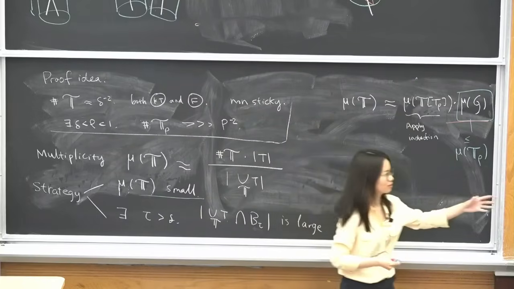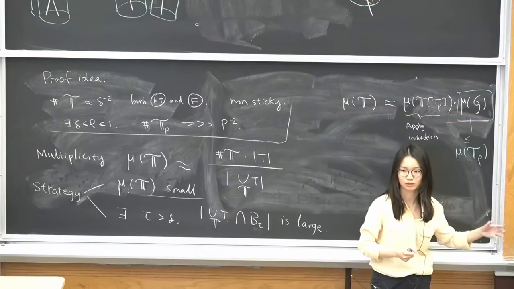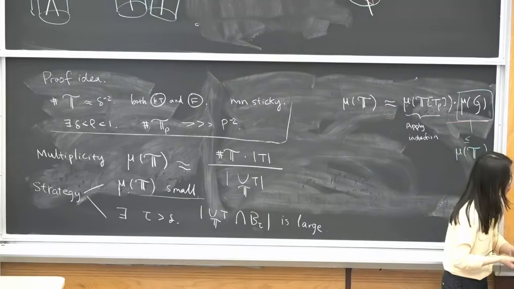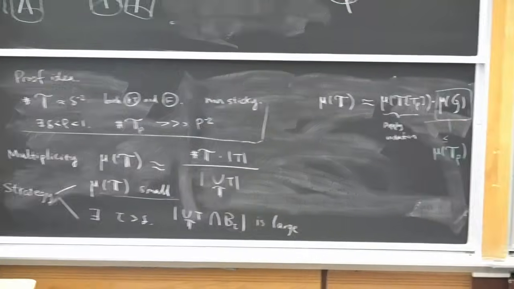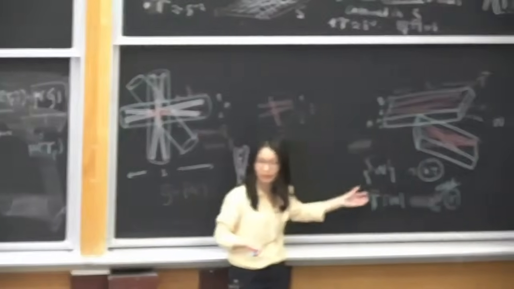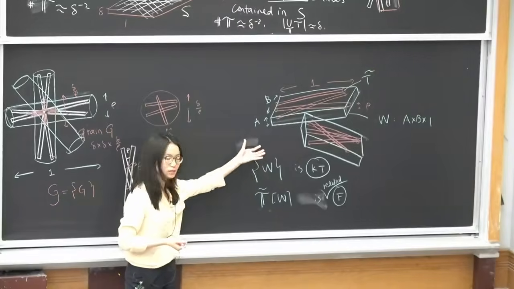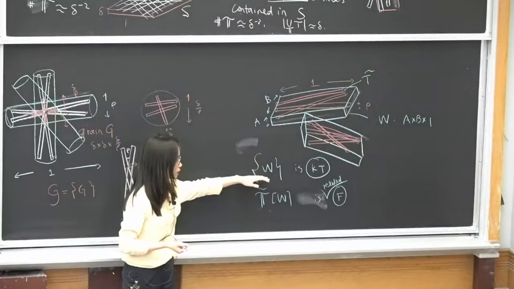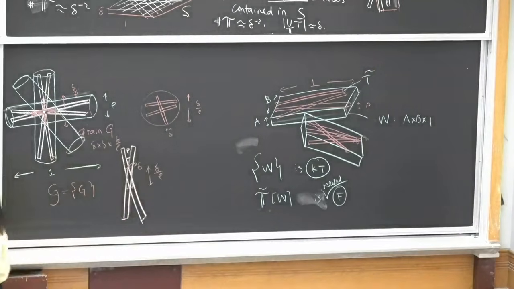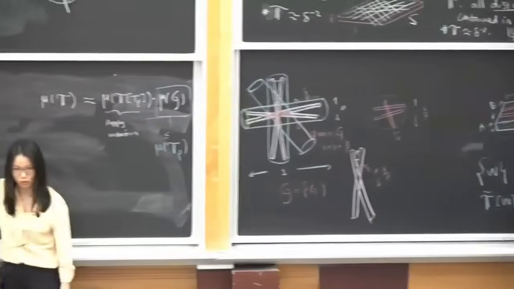We get structure from no structure, and then we study case by case according to what we get from this set. If it's Katz-Wolff, then we try to show that the multiplicity is small.